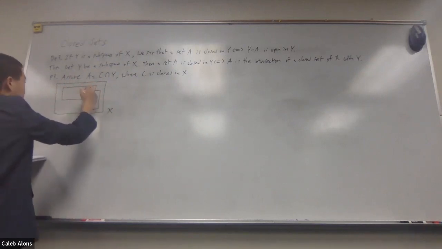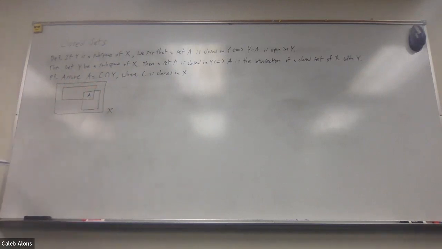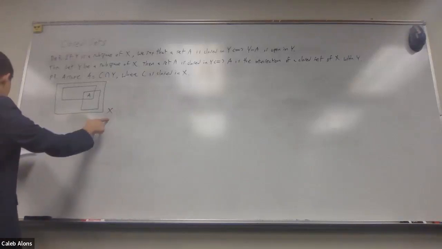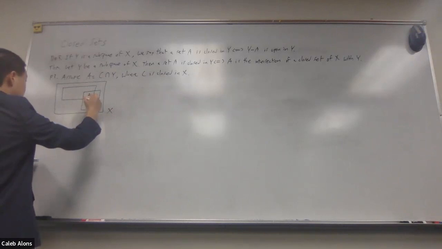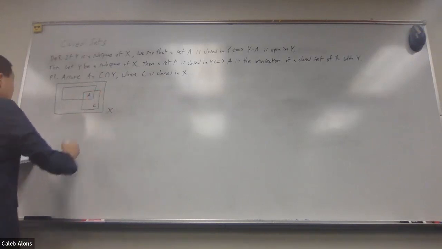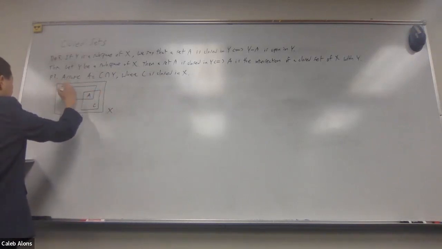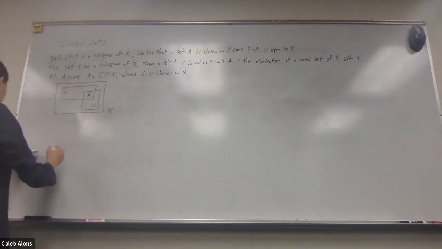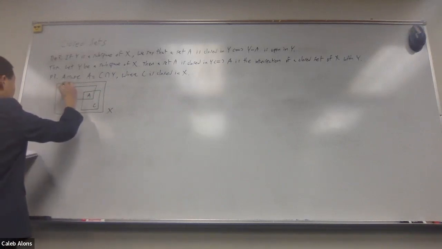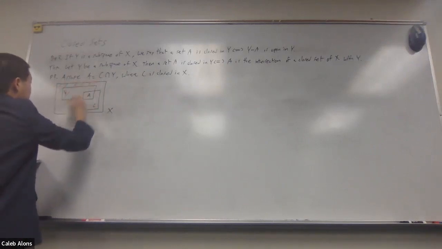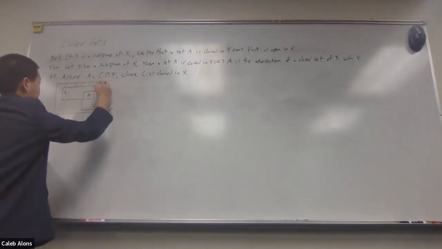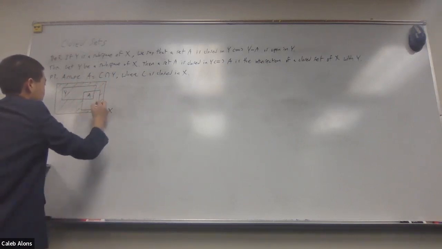And so A is then this intersection in here. But I'm obviously interested in the complement X minus C. So if this is the closed set and this is my subspace, then it's going to be all of this stuff that's outside of C.